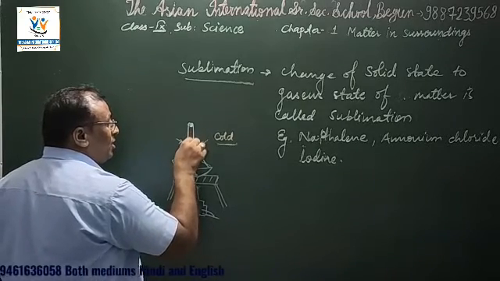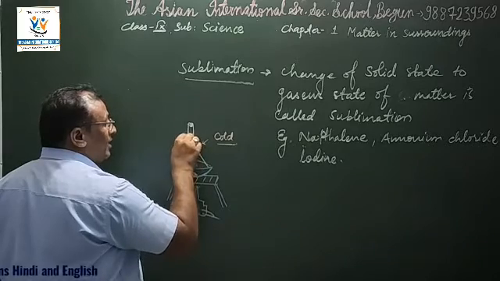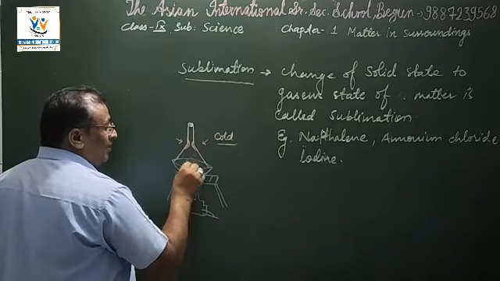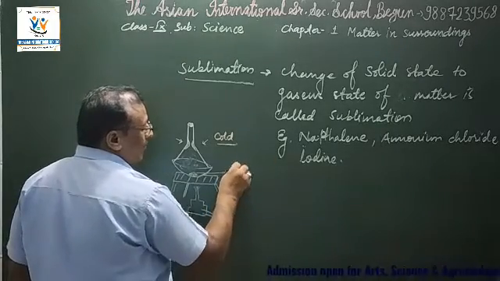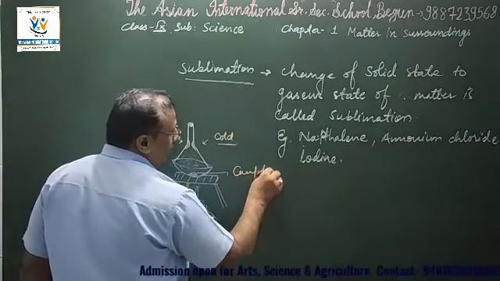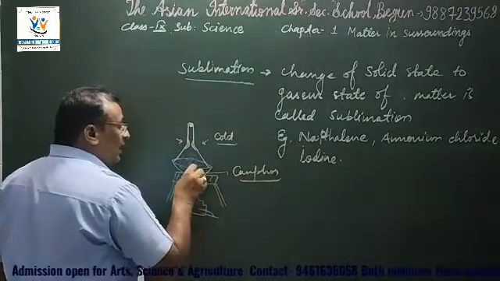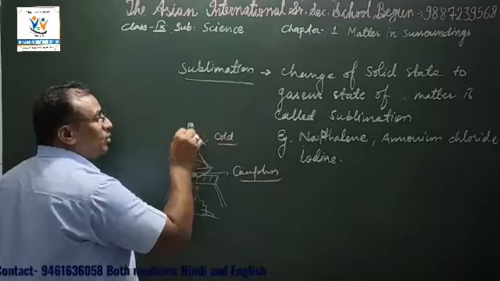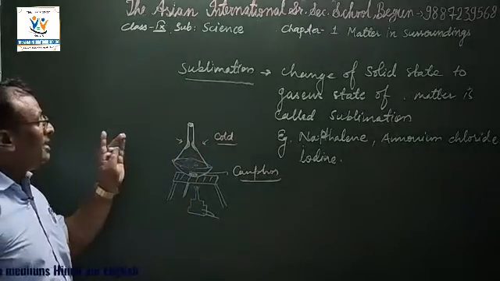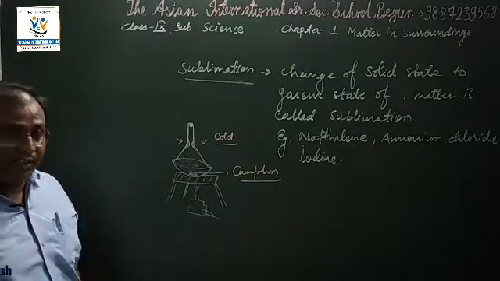So the deposition on this surface shows that the vapor of naphthalene is changing from solid state to vapor, and again the vapor is changing into solid state. There is no change into liquid state.